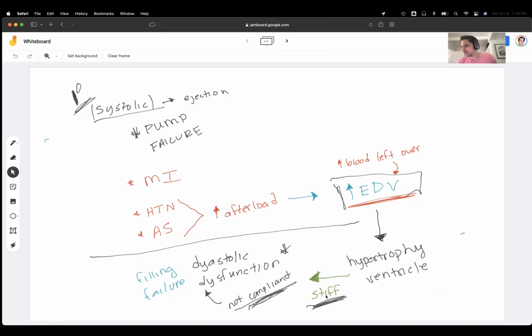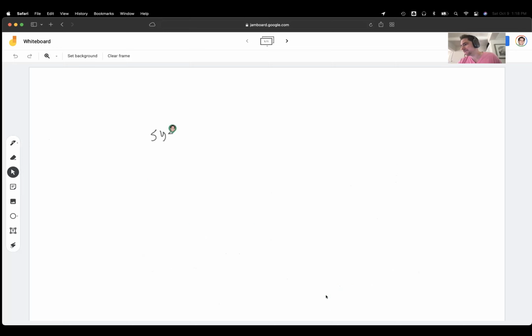Now, there's just one more thing I wanted to add, and that is this ejection fraction thing. Because on the surface, if you said something had a preserved ejection fraction, you'd say, okay, that sounds good, right? Okay, maybe not. So when we talk about systolic failure, we have a problem with our pump.